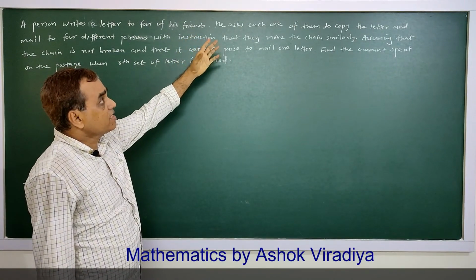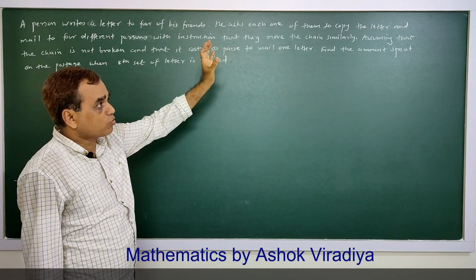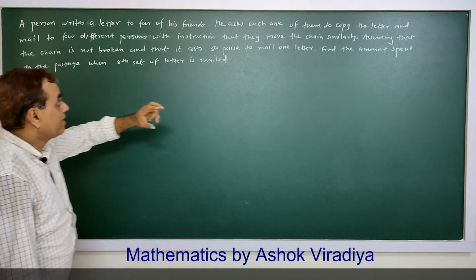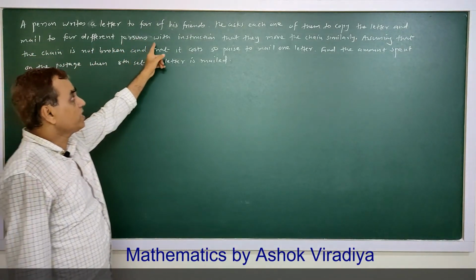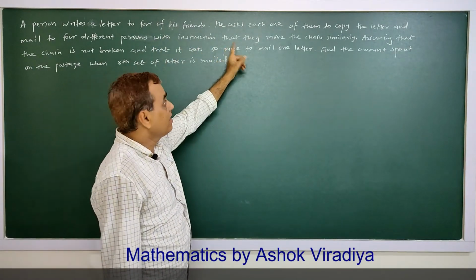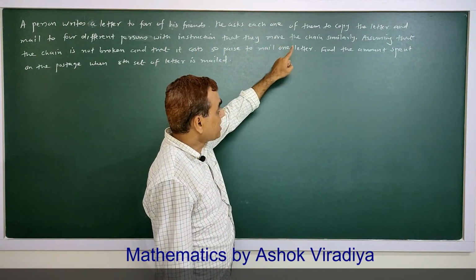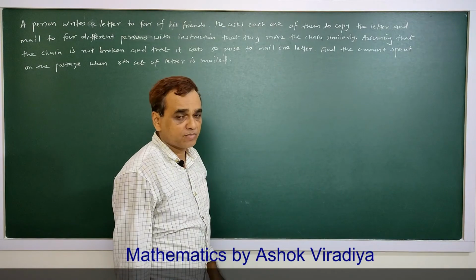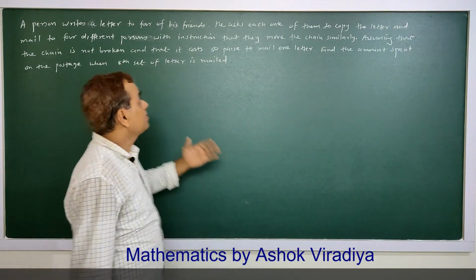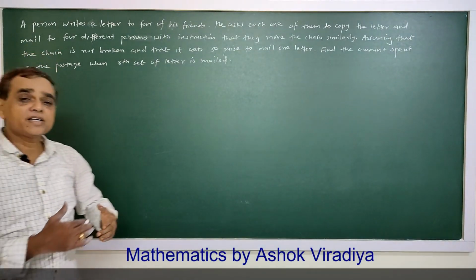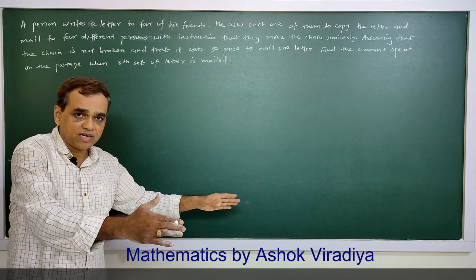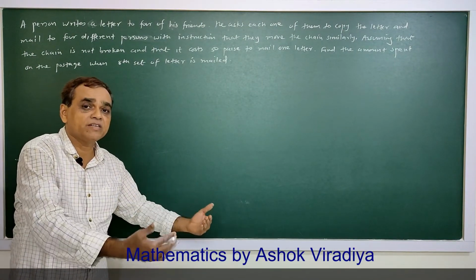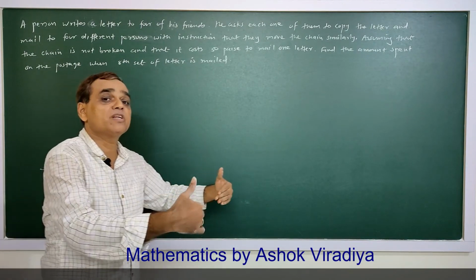A person writes a letter to 4 of his friends. He asks each one of them to copy the letter and mail to 4 different persons with instruction that they move the chain similarly. That means a person writes 4 letters to 4 friends, informing them to continue a similar chain.